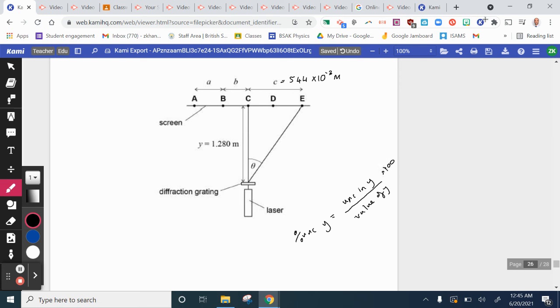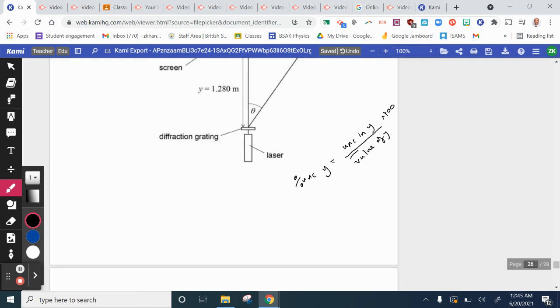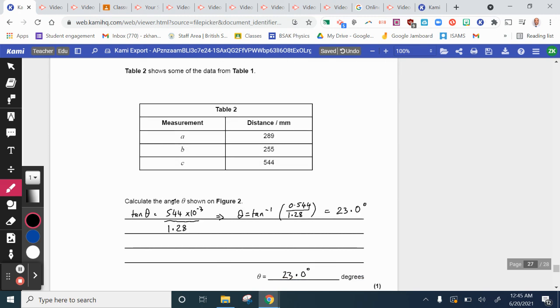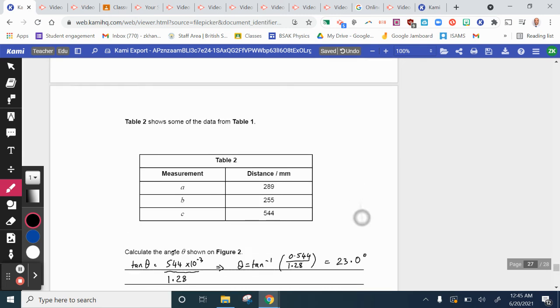So if this value gets larger, then this value will get smaller. So if we move the diffraction grating further away, the percentage uncertainty in y will get smaller. The ruler that we use will still have a millimeter scale, so that uncertainty will remain the same. So increase the distance is one.